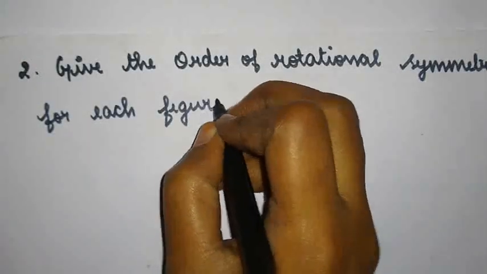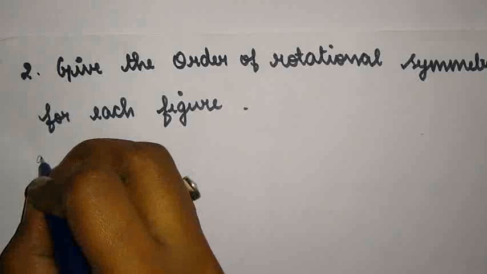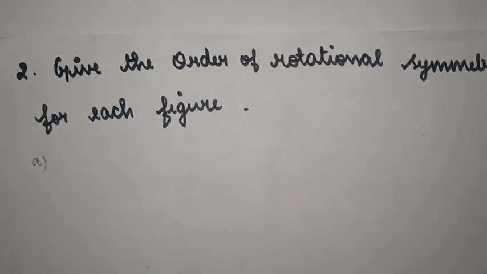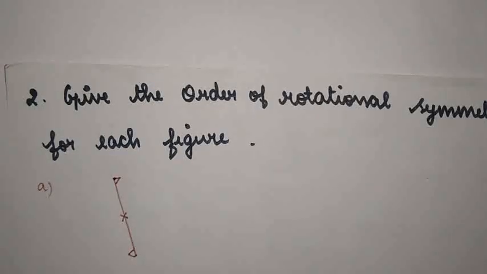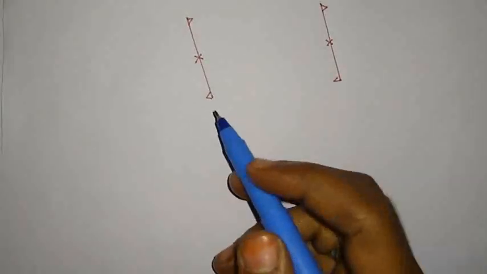This is also the same model as before. First, let me take A subdivision. This is our question. Here we have to find the order of rotational symmetry. This is our diagram.